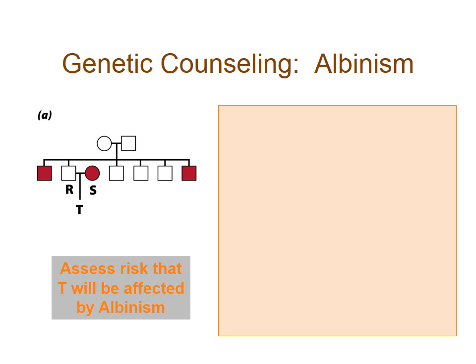Now, given R is a carrier, what is the probability that T is going to have albinism? 1 out of 2. Does everybody see that?